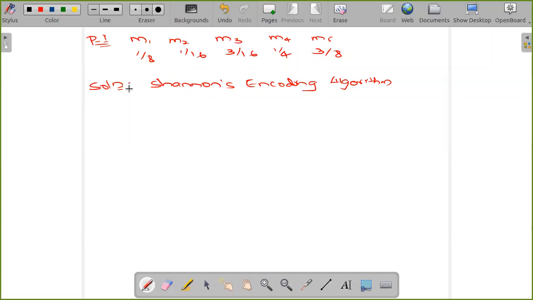In order to find the Shannon's encoding, as we have already seen the following steps, I'll follow those steps. Step 1 is nothing but arranging probabilities or messages in decreasing order.